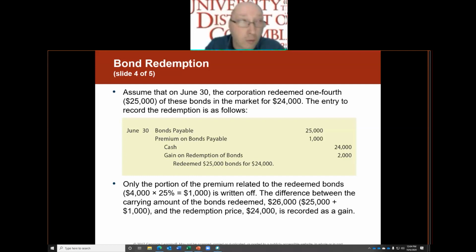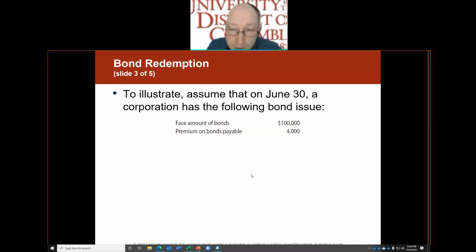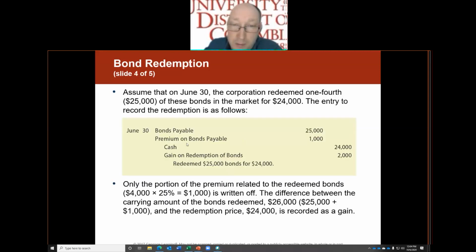Another way to think about it: we took the premium of the bonds payable and multiplied that by 25%. The reason for 25% is to represent 1/4 of that $4,000. Gets us to $1,000. So you got your bonds payable, which is the face amount of 100,000 divided by 4, which is 25,000.